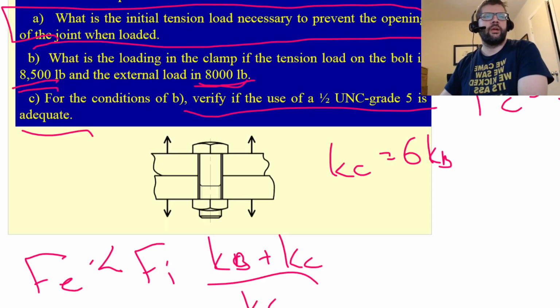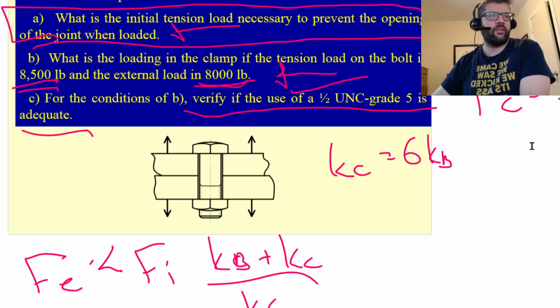So B here is going to be a different kind of failure criteria than this one. Yeah, A and B are separate questions.